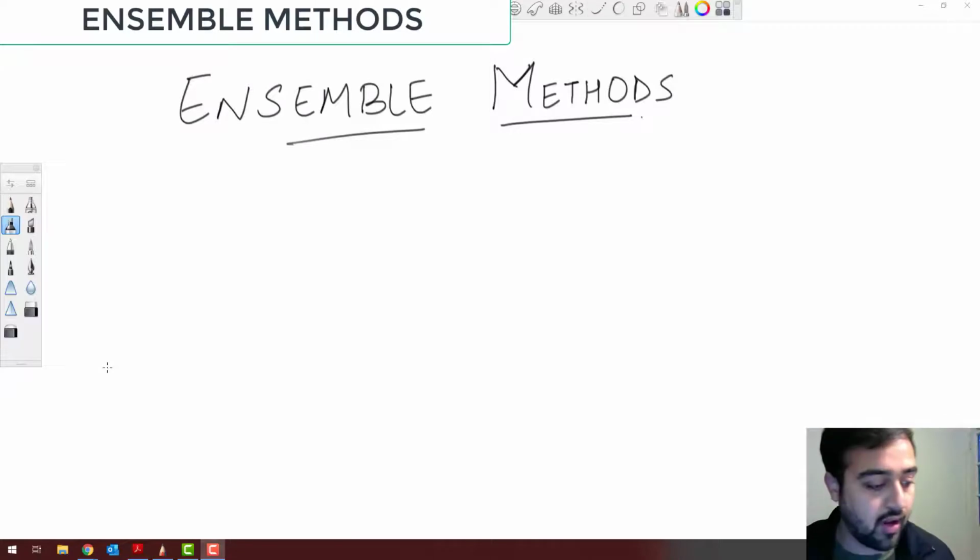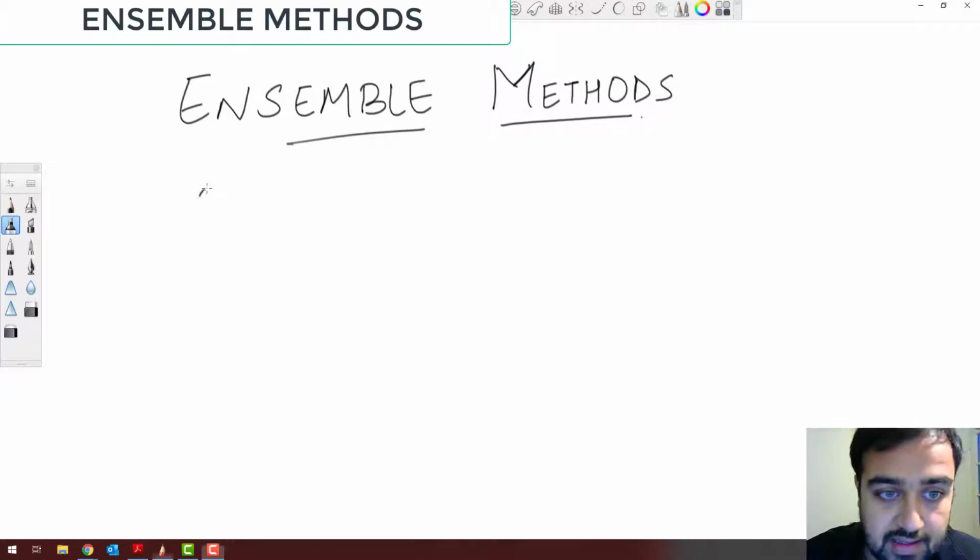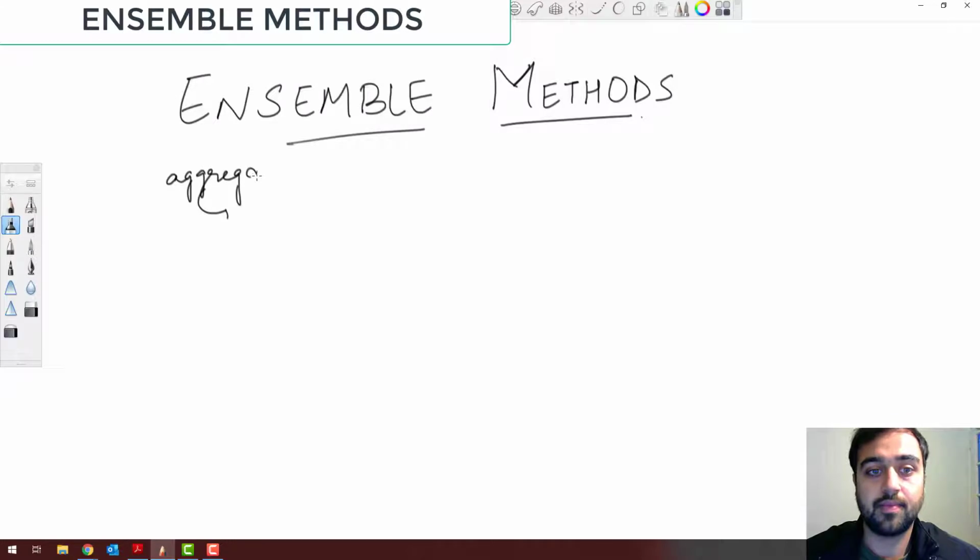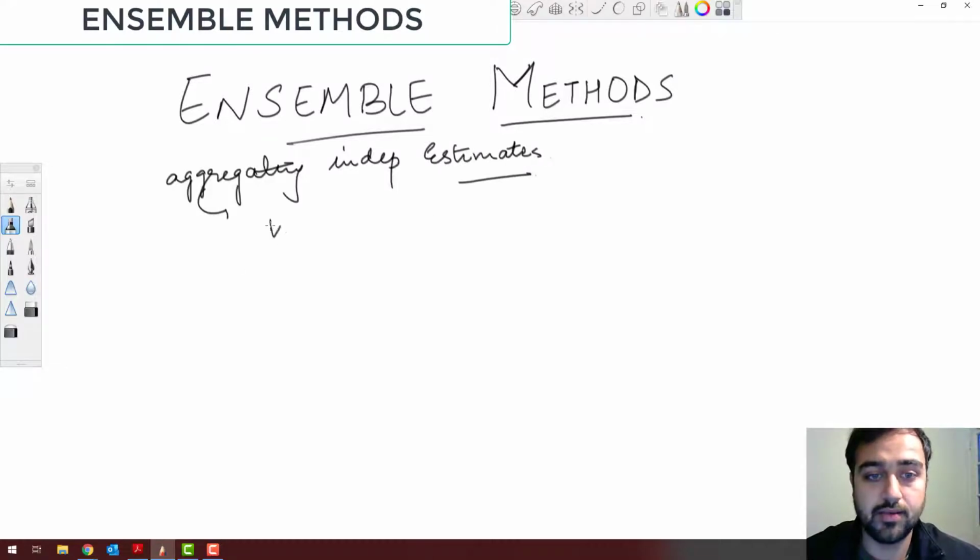So when we're talking about aggregating independent estimates, there are two ways. Let's write aggregating independent estimates, right? This can be done in two ways. Number one is weighted average, right?